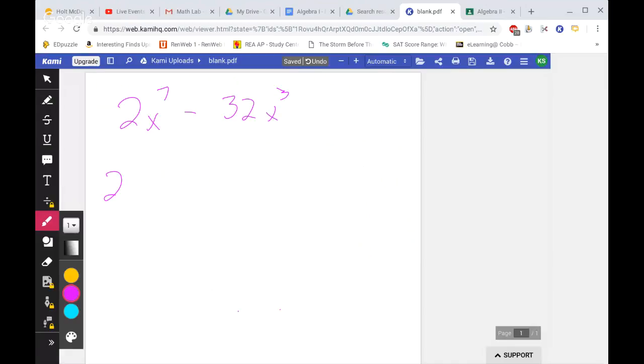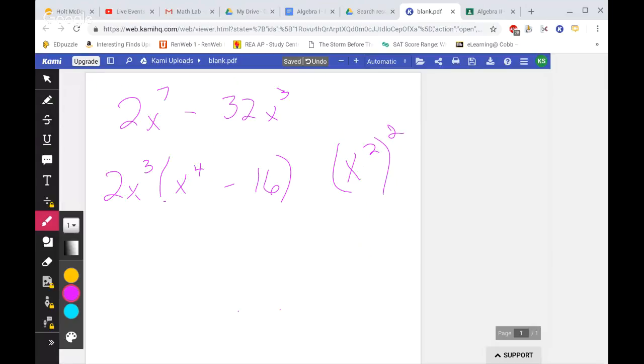So we know we're going to take a 2x cubed out, and then that's going to leave us with what? x to the 4th minus 16. Now, would you agree with me that this x to the fourth is really a perfect square, x squared squared?